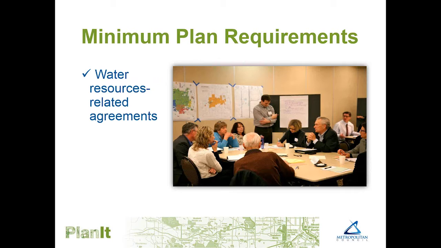The plan must also include a summary of water resources related agreements that have been entered into by the community. For example, joint powers agreements, maintenance agreements, and water resources grant agreements.